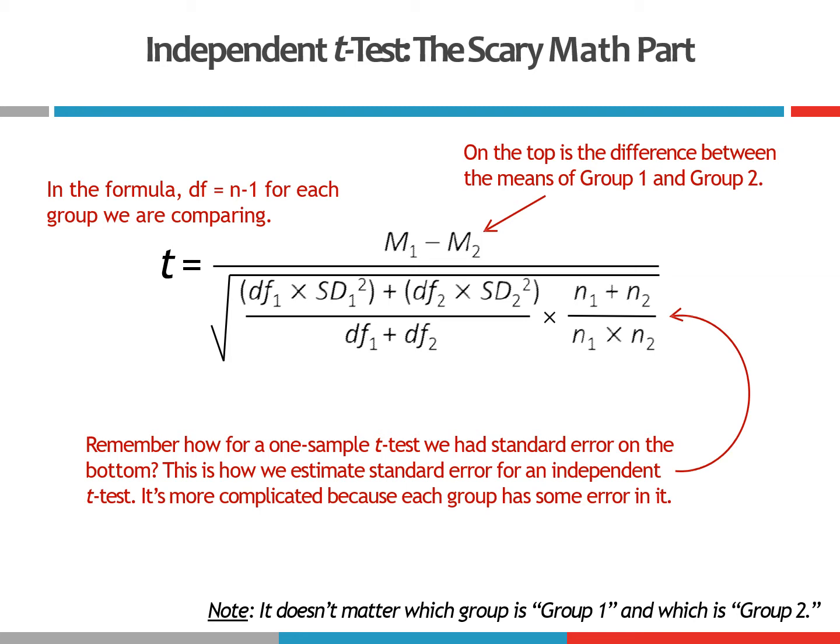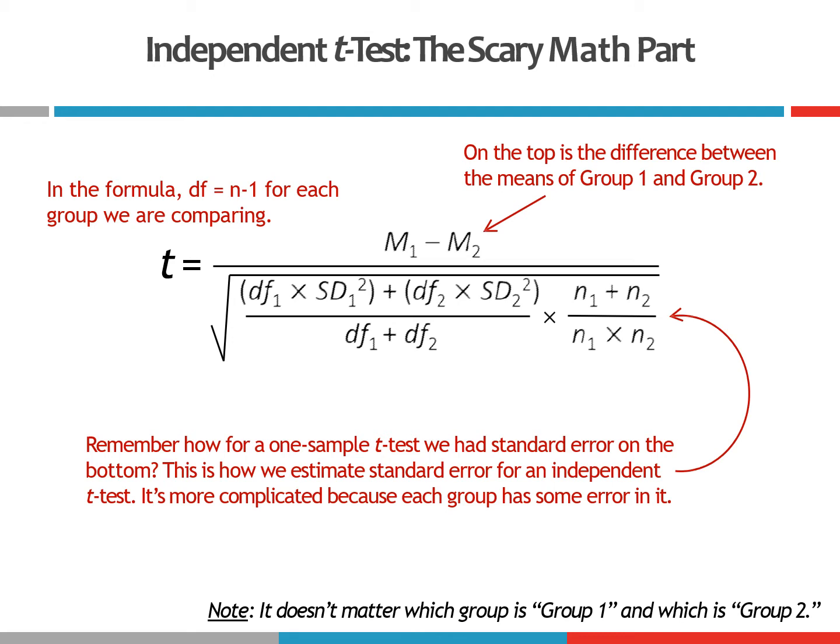Okay? And how you calculate degrees of freedom for this formula is very easy. It's just n minus 1. Okay? So if I had 20 people in group 1 and 20 people in group 2, then my degrees of freedom would be 19.